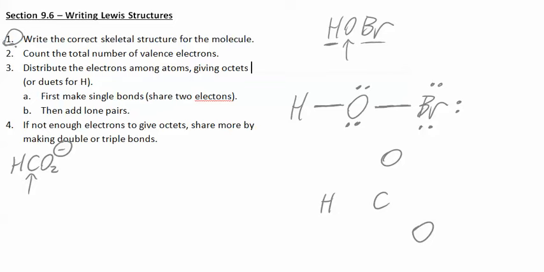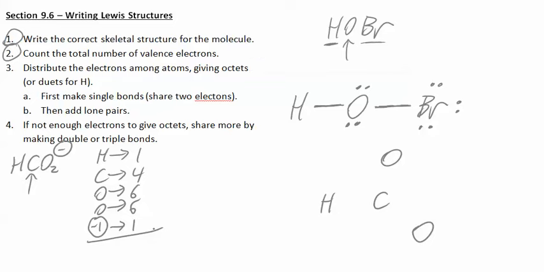Next, we're going to count the total number of valence electrons. Hydrogen comes in with 1, carbon comes in with 4, each oxygen comes in with 6. The -1 charge means that you have 1 extra electron. So anytime you have negative charges, you add more. With positive charges, you would remove electrons.